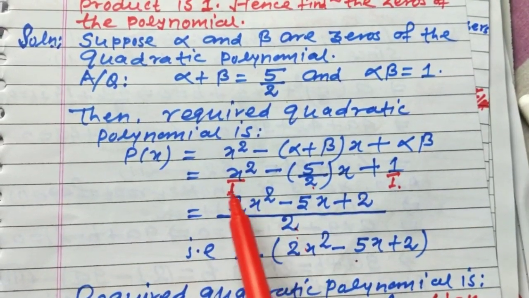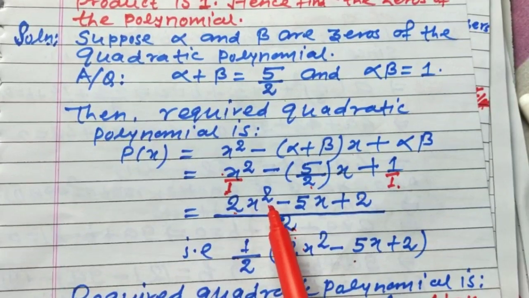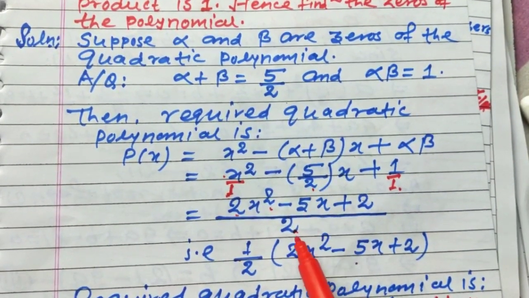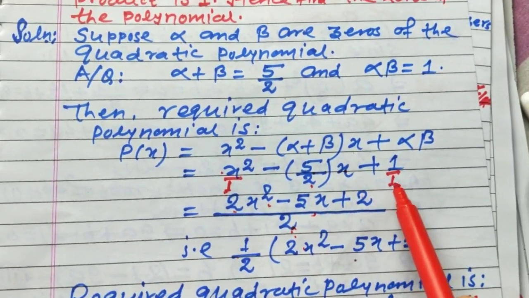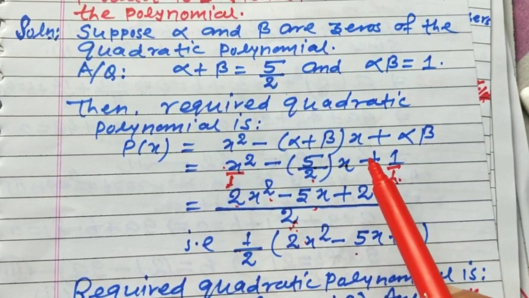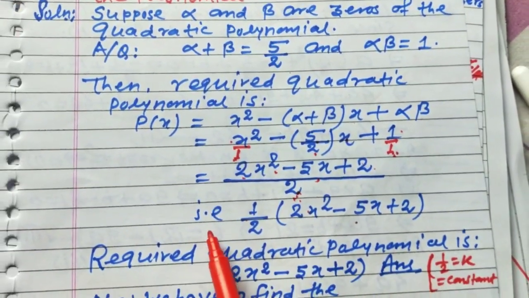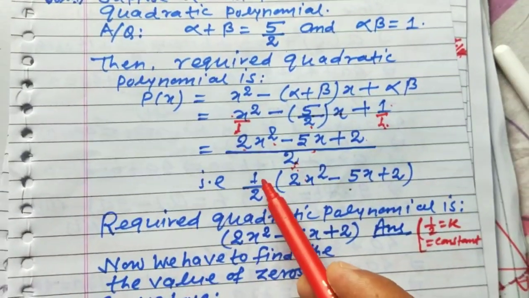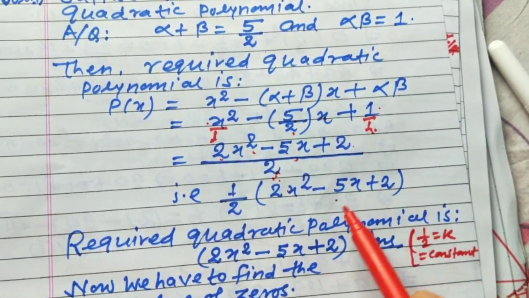Now 2 divided by 1 will be equal to 2, and 2 multiplied by x square, 2x square minus 2 divided by 2 will be equal to 1, 5x, and 2 divided by 1 will be equal to 2, and 2 multiplied by 1 will be equal to 2. That is, you can write it as 1 by 2 times 2x square minus 5x plus 2.